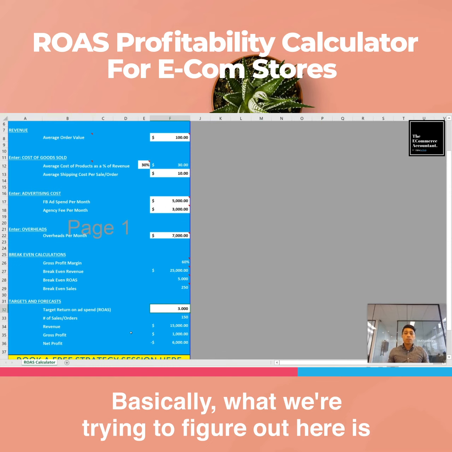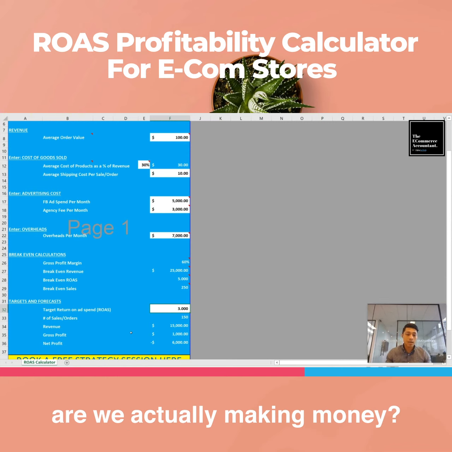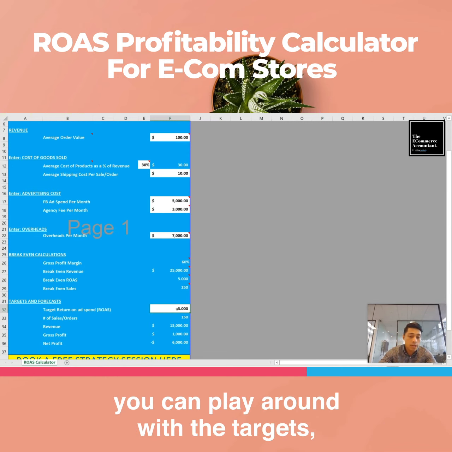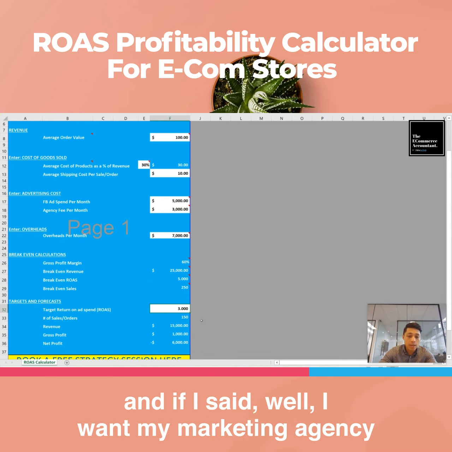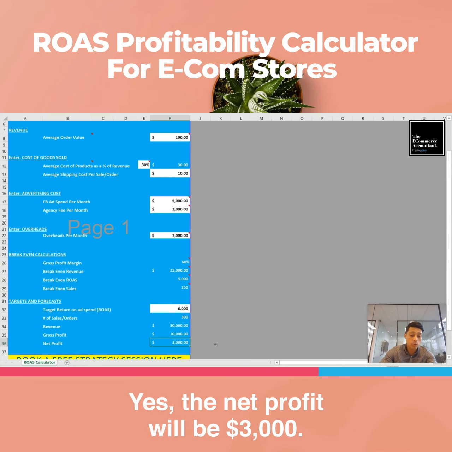Basically, what we're trying to figure out here is if we're not meeting the return on ad spend targets, are we actually making money? Now, you can see down here, you can play around with the targets. And if I said, well, I want my marketing agency to reach a 6 times ROAS, will I make money on that? Yes, the net profit will be $3,000.